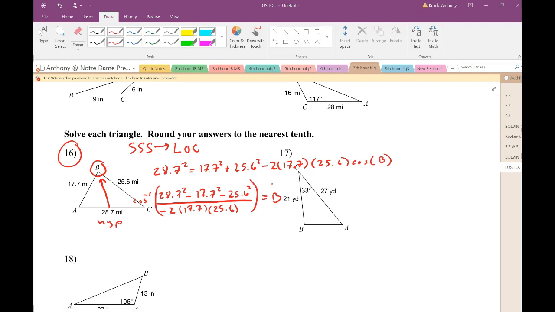So again, when you're typing this kind of thing into your calculator, what do you have to be very careful of? Parentheses. The entire numerator needs to be in a parenthesis. And then the entire denominator needs to be a separate parenthesis.